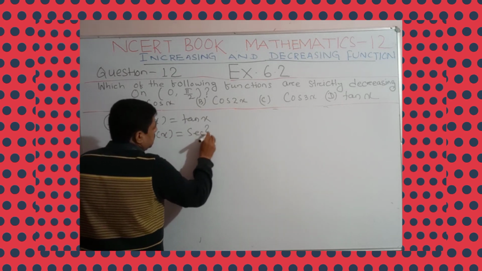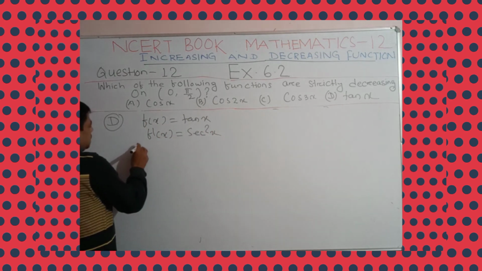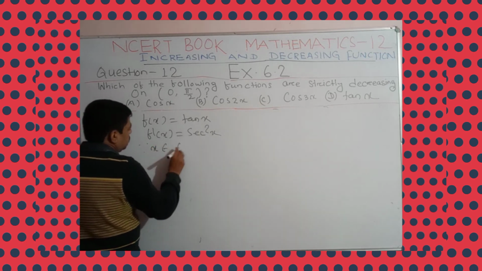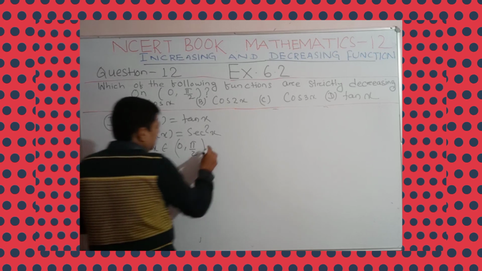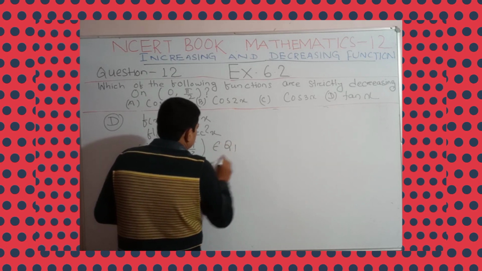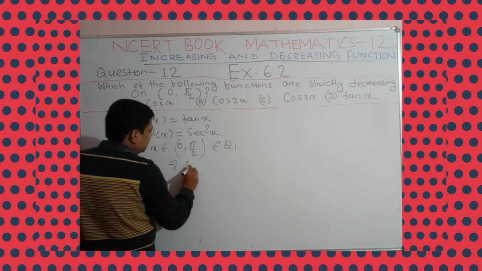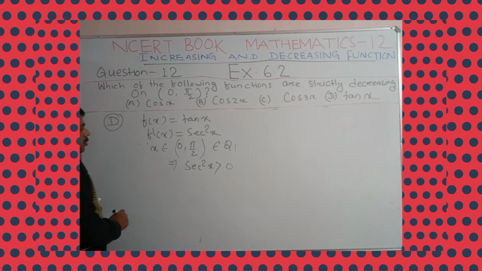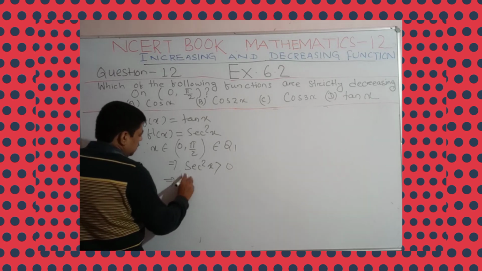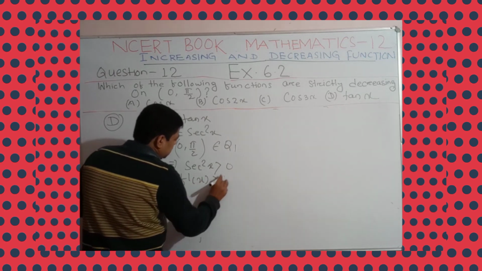It is sec square x. Understand? Since x belongs to 0 to pi upon 2, that belongs to which quadrant? First quadrant. And we know in the first quadrant sec square x is greater than 0. That implies f dash x is greater than 0.